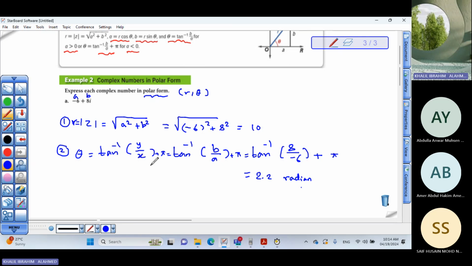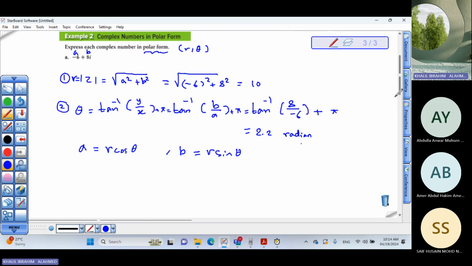Now we need a and b. a equals r cosine theta, and b equals r sine theta.